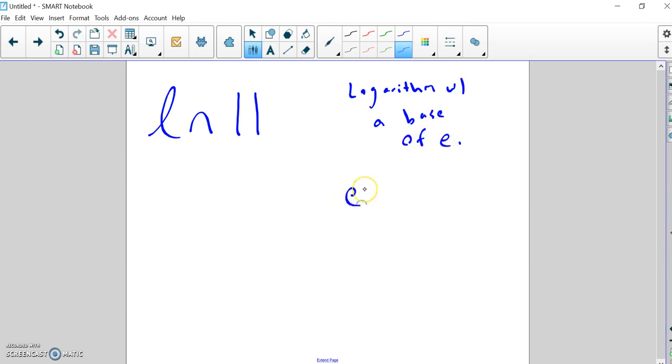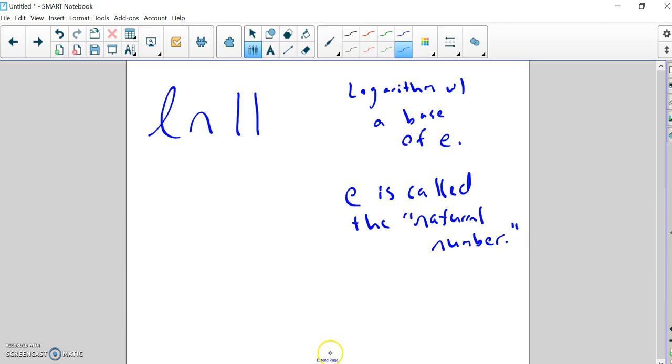Now you probably have no idea what I'm talking about when I say e. E is a number in nature that's kind of like pi. e is called the natural number. It is an irrational number like pi that goes on forever and ever and never stops, never repeats itself.